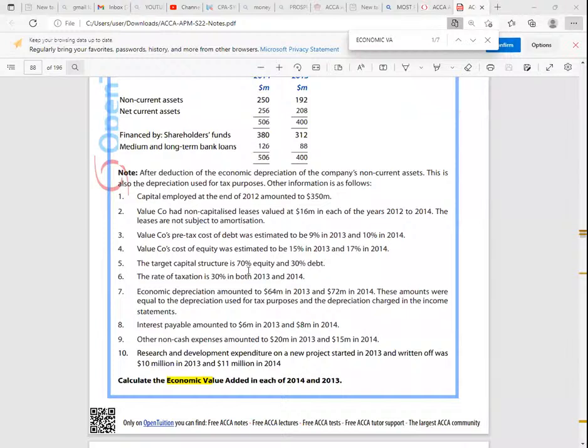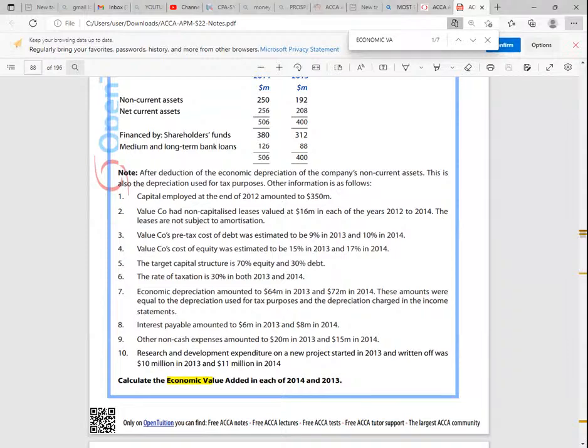Any other thing that you think is very, very important? Thank you very much. The non-capitalized leases.